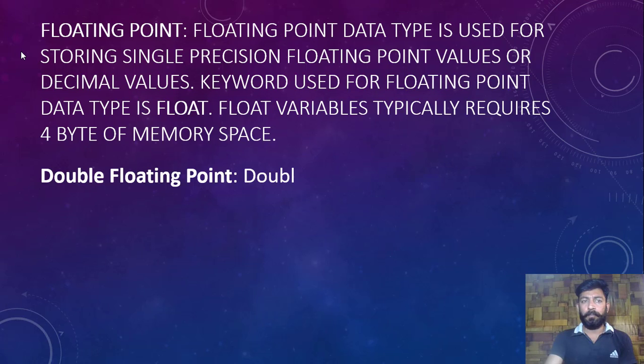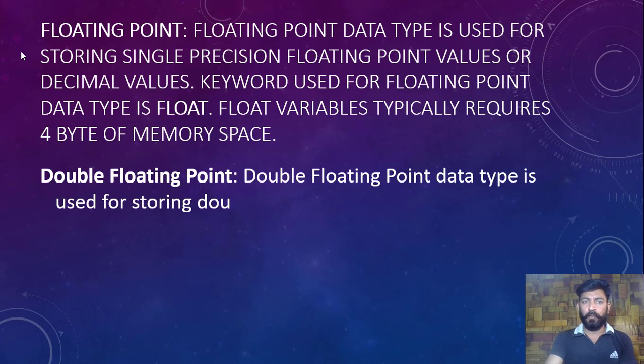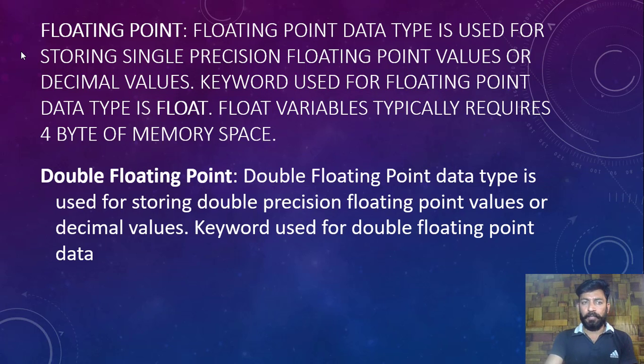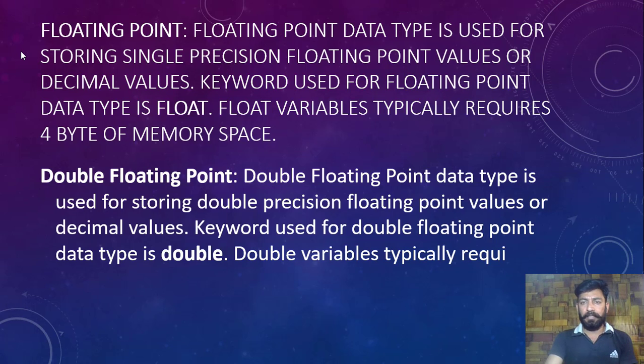Double floating point. Double floating point type is used for storing double precision floating point value or decimal values. Keyword used for double floating point data type is double. Double variable typically requires 8 bytes of memory space. Listen, both are used for the decimal value.